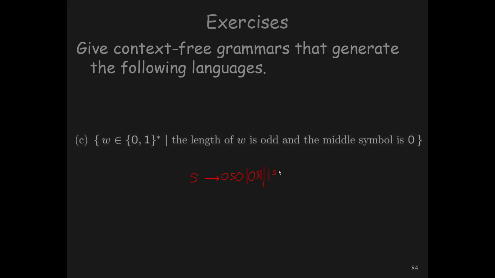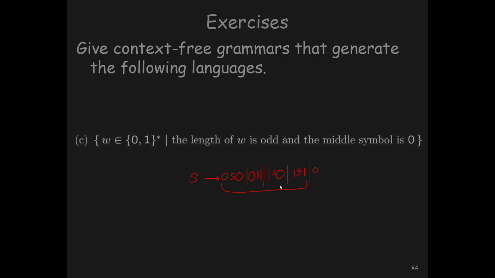Or 1S0 or 1S1 or 0. So what happens here is that when you're still generating the parts that are on the outside, you're going to choose one of these four rules. So it can be 0S0, 0S1, and so on.